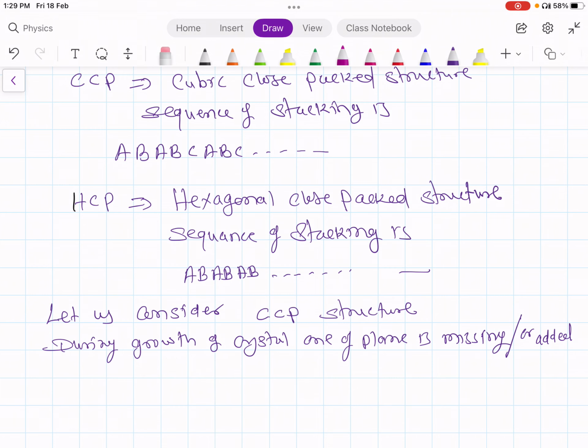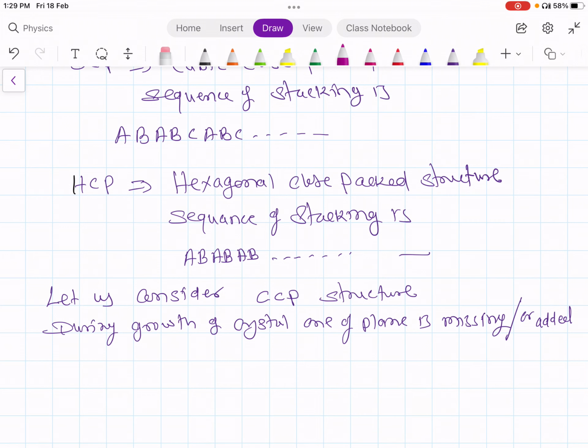If one of the planes is missing or added, then you will get the sequence like, say, A, B, C, A, B, C. Then let's say plane C is missing. Then we will get here AB. Then again we will get ABC, ABC, and so on.